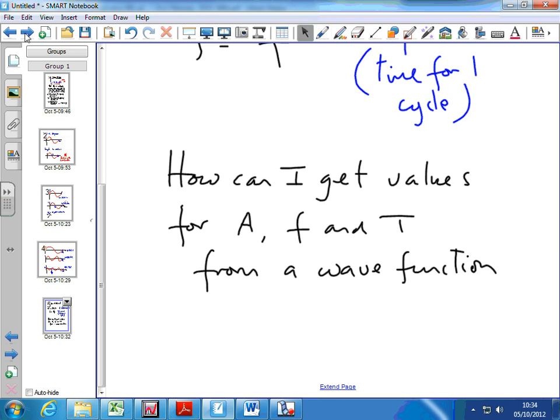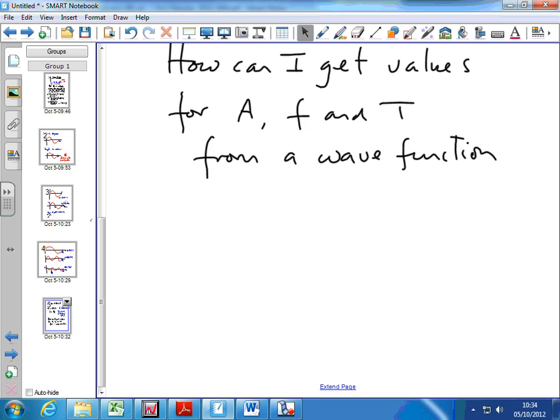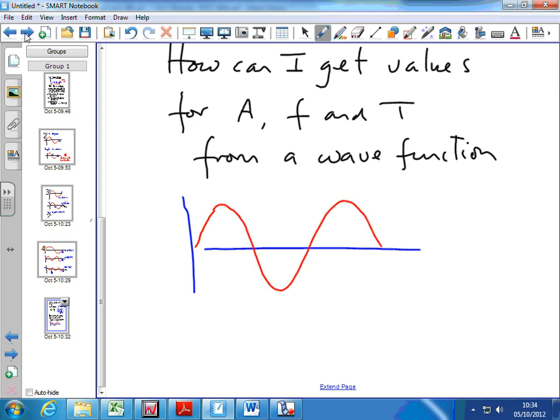So in other words, if I had this, and you didn't know what function I'd put into Autograph to get it, so you've not got y equals 3 sine 2x or something like that, you had to work back and calculate what A and omega were.